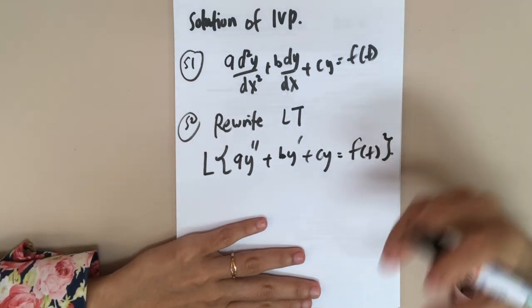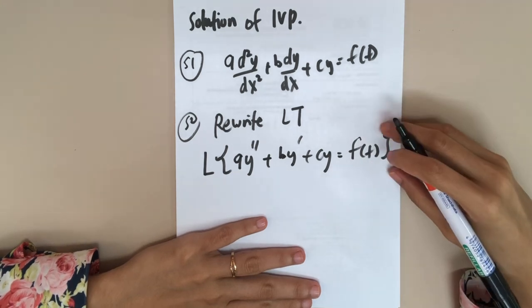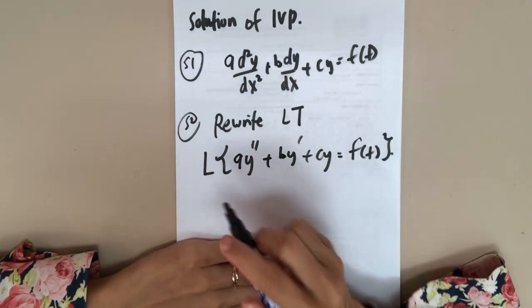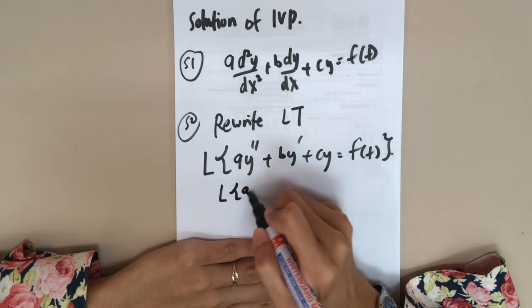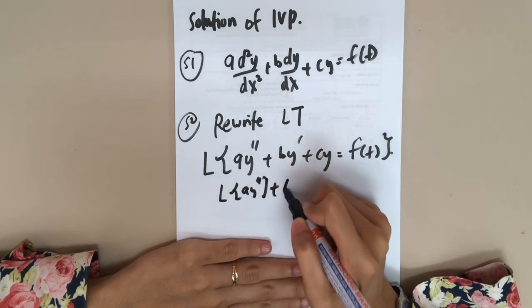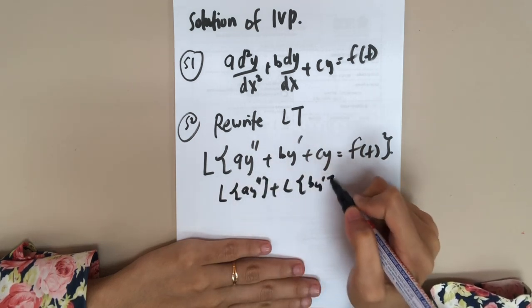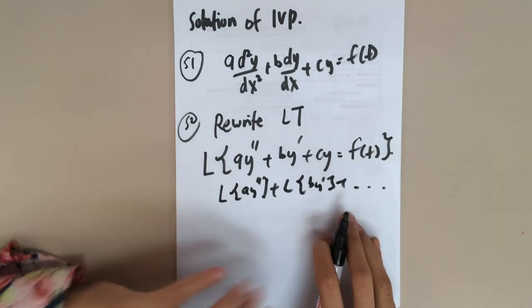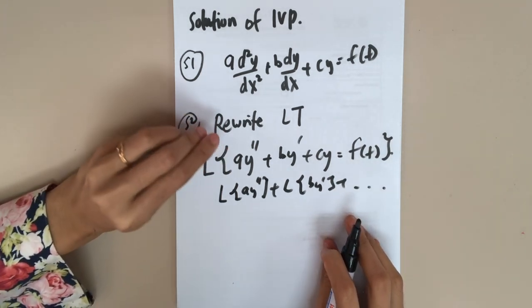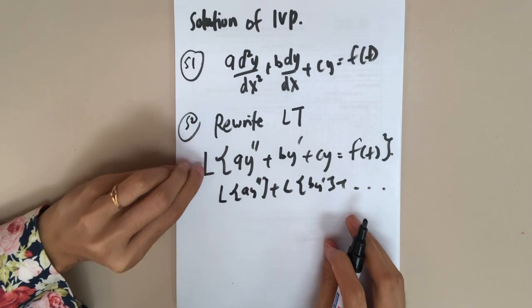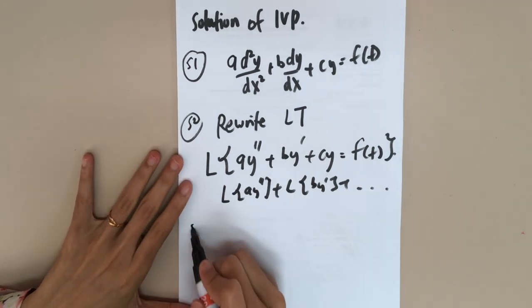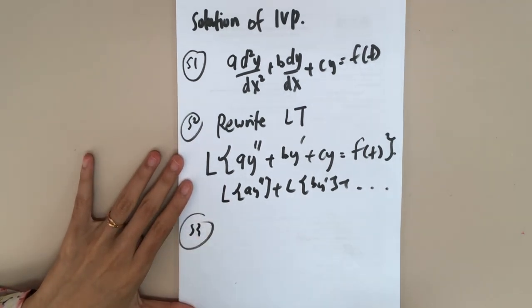By applying the linear property, you can split each of the terms. You can do it by yourself, but the keyword here is that you rewrite it in terms of Laplace transform.